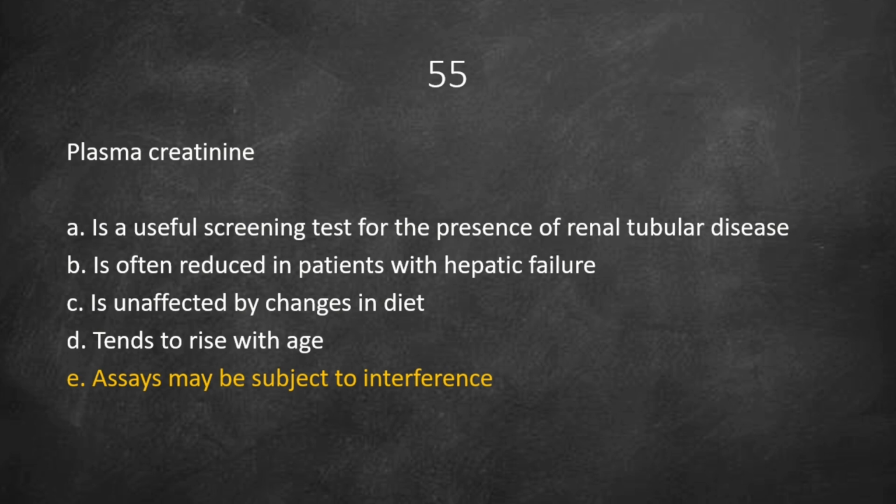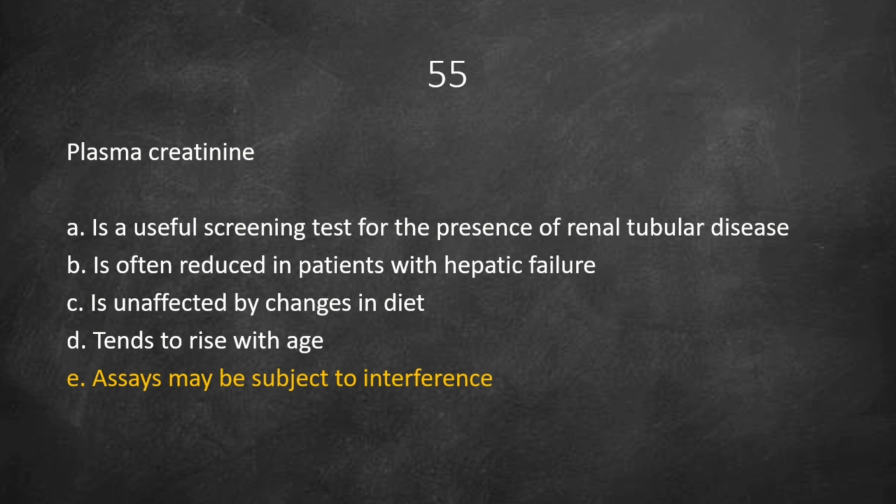But then as the person grows older, where there is reduced muscle mass, this answer at that point will not be consistent. So that's why we are not accepting that one. Then if you look at option E, assay may be subject to interference. That is true. Certain medications can actually affect your creatinine levels when they are being measured. So this option is the correct answer.